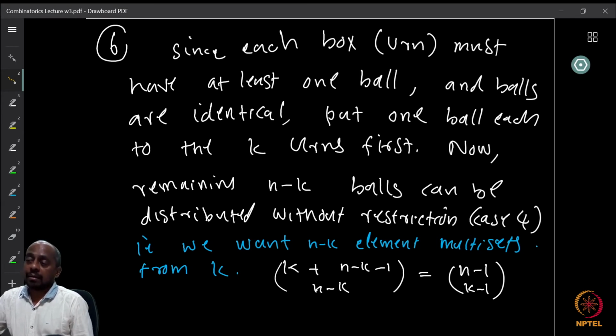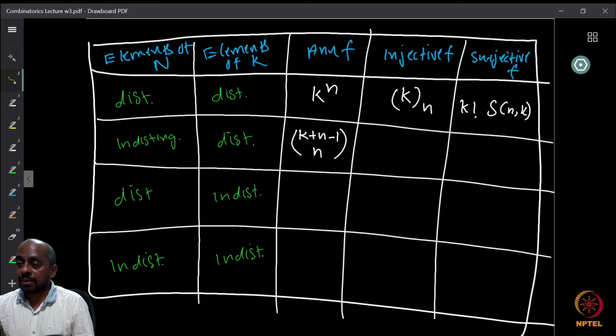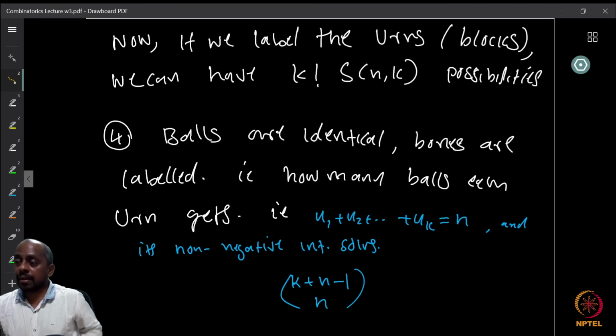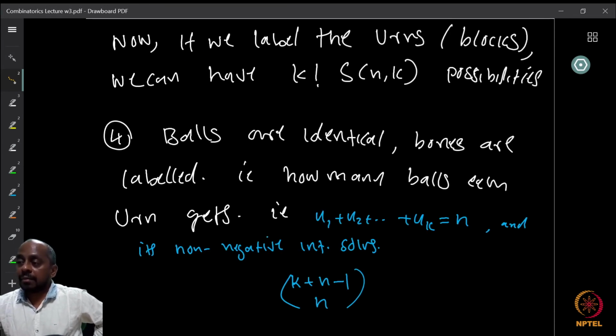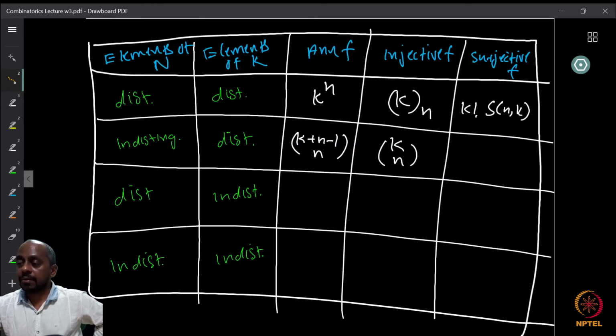We have n minus k balls, and we put them into the k urns, which is basically choosing an n minus k element multiset from the k urns. This is precisely what we did in case 4, where you had identical balls and labeled boxes, and that is the way to do it.